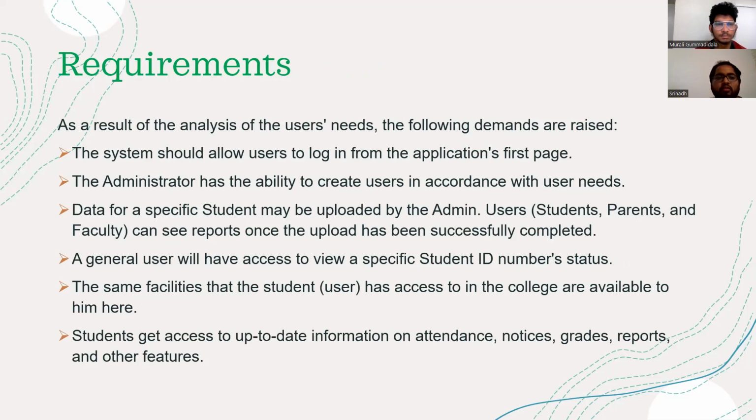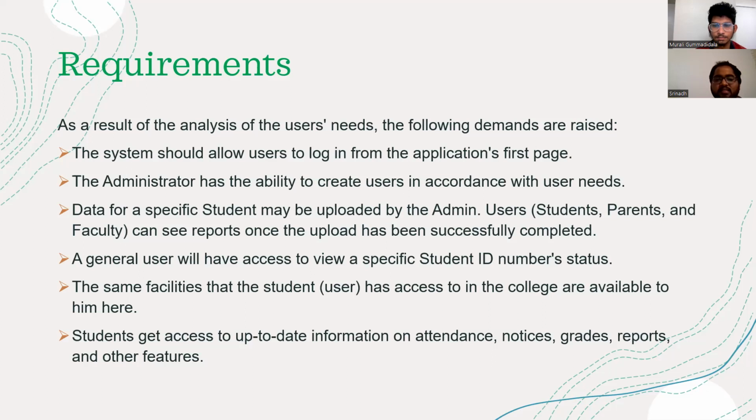And we have to note some user requirements. As a result of the analysis of the users' needs, we have the following demands. The system should allow users to log in from the application's first page, and we have to go through those. The administration has the ability to create users accordingly. Data for specific students may be uploaded by the admin.